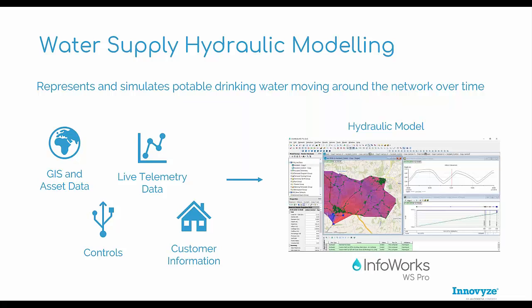The solution is a standalone platform, not reliant on any specific third-party information or platform, and uses data sets such as GIS for asset information, controls for the configuration of the network, customer information for the demand, and live telemetry to ensure that the model is accurate and representative of reality.